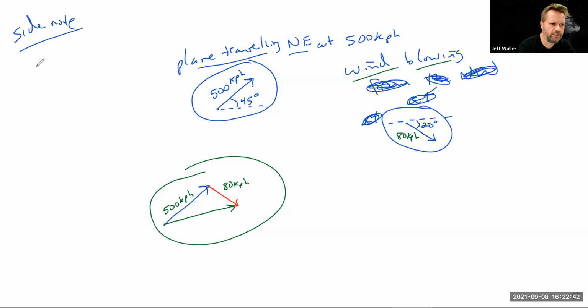Why would this question be much easier? What if I had a plane going 10 kilometers per hour east and I had wind going 5 kilometers per hour east? What would the resultant speed be? I want to say 15. Yes, of course, right?